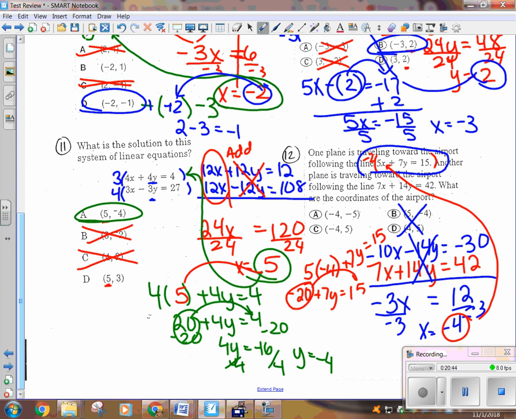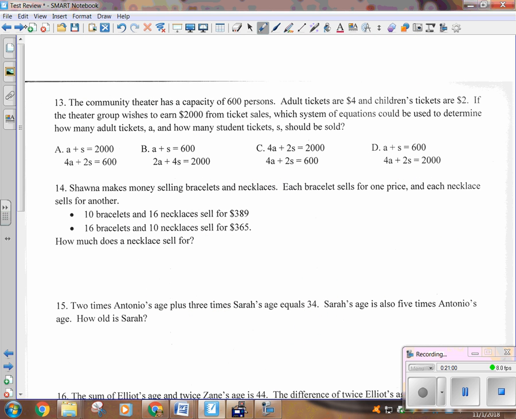Bring the negative 20 over here. It's going to become positive 20. So I get 7y is equal to 35. Dividing by 7, y turns out to be 5. So now it's negative 4 and positive 5. C is the correct answer.